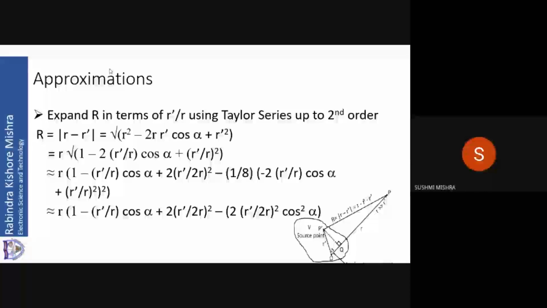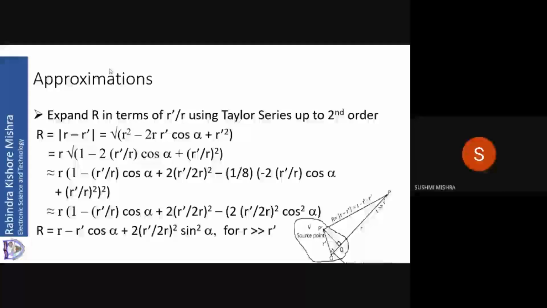So ultimately what I will get is 2 into r dash upon 2r square, or that is r dash upon 2 r dash square upon 2r square cos square alpha. Now let me take 2 r dash upon 2 r square common. If I take that common, then I will get 1 minus cos square alpha within the bracket. 1 minus cos square alpha gives me sin square alpha.